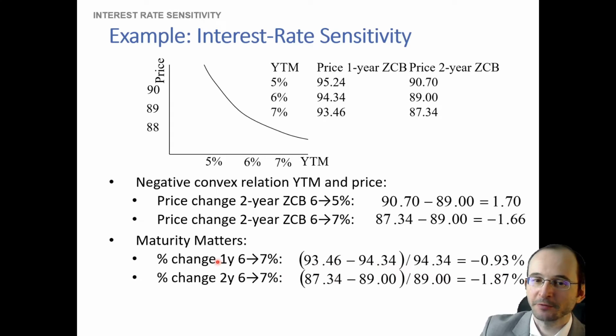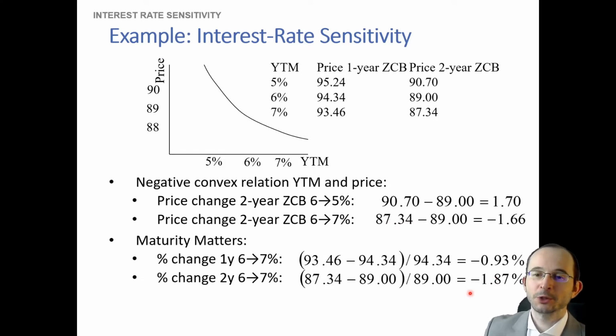Now if we take, instead of the 1-year bond, a 2-year bond, we already know its present value at 6%: it's $89. We discount $100 face value twice at 6%. What if we instead discounted at 7%? Well, we did that number already. It should be 87.34. The price change is almost double, actually, at negative 1.87%.